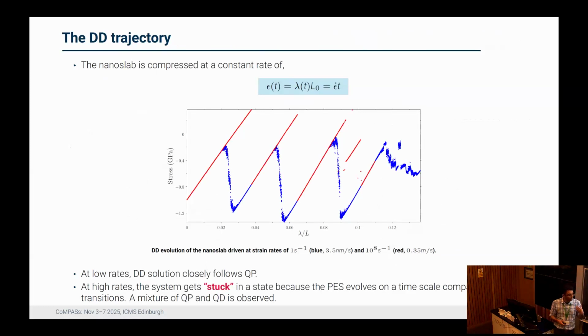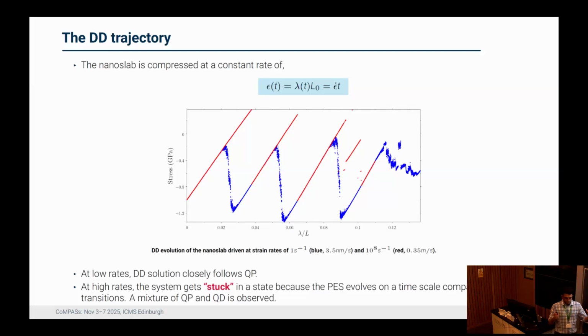And now let us see the results of driven dynamics. The blue ones are at very low loading rate, and the red ones are at very high loading rate. And as you can see, for the blue ones, the average stress is very small.